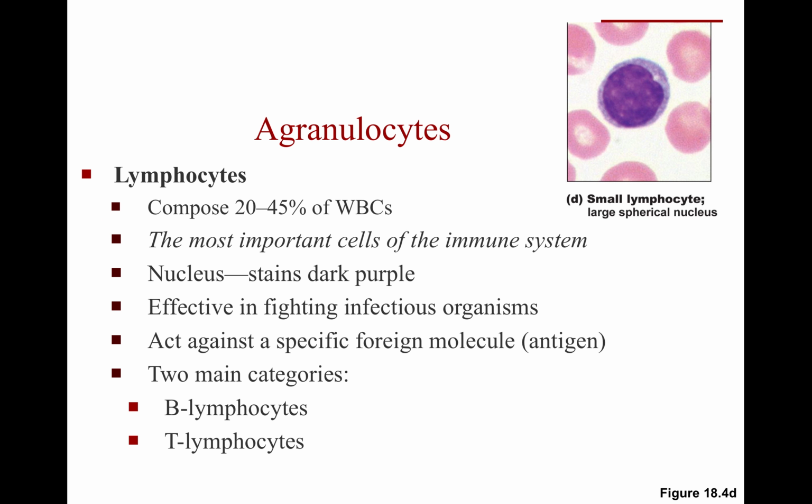Looking at agranulocytes, basically the ones that lack any form of stained granules inside their cytoplasm, one of the main categories is lymphocytes. Now, you might actually have heard of lymphocytes in general conversation. There are two main categories of them, B lymphocytes and T lymphocytes, which we represent as B cells and T cells.